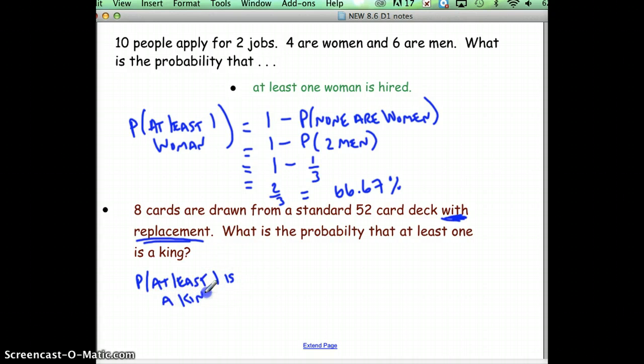Okay, so then theoretically, couldn't we have 1 king or 2 kings or 3 kings or 4 kings or 5 kings or 6 kings? You know, and so on. Actually, hang on just a second.